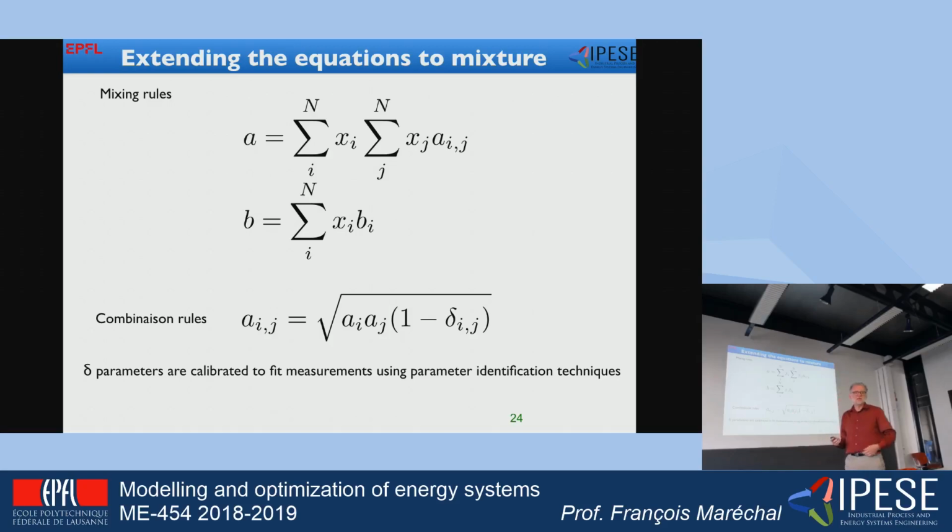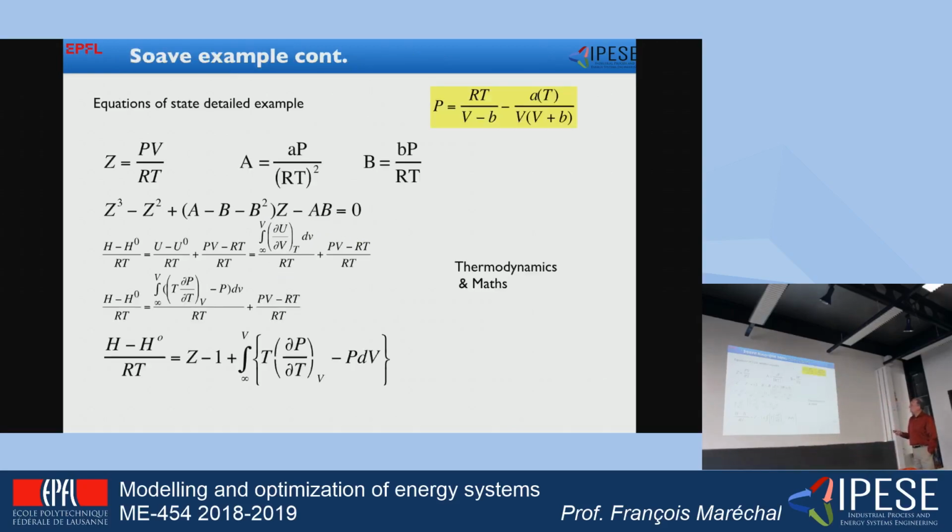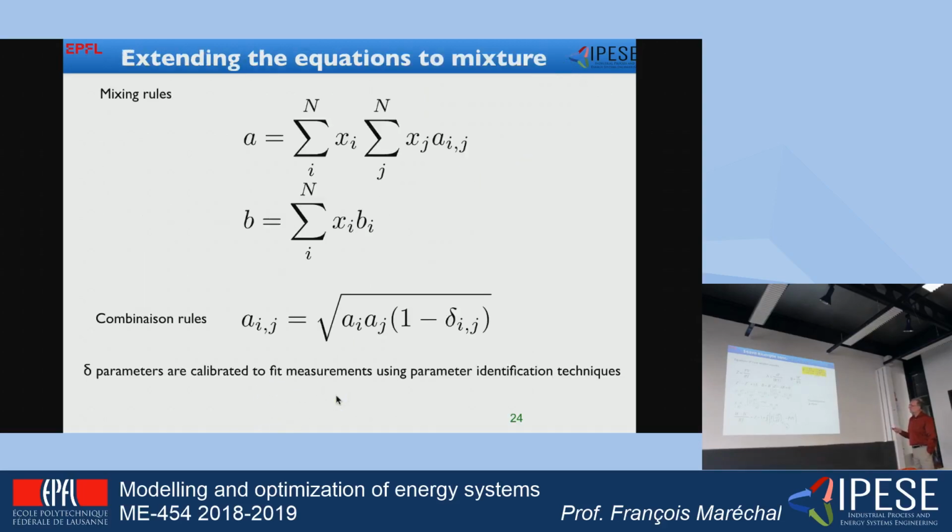And you can calculate the values that are in the formula that I have here, the A and the B that allow us to calculate everything, by applying mixing rules. And there is here a special term representing the interactions of the different molecules.